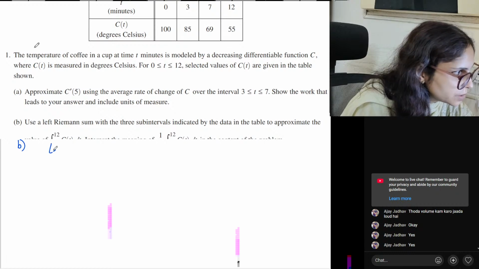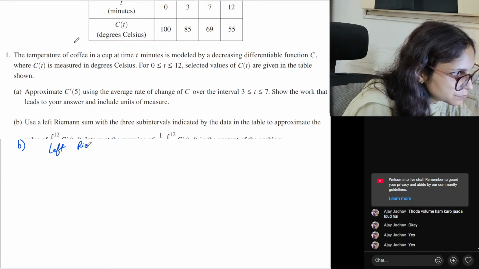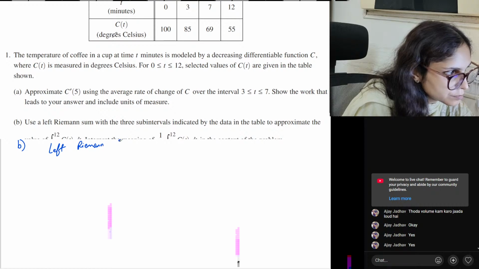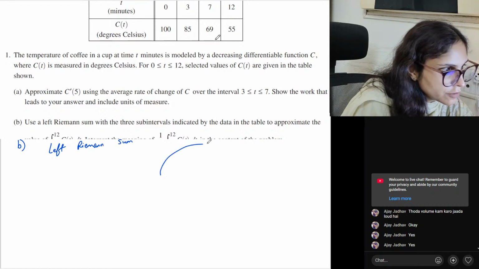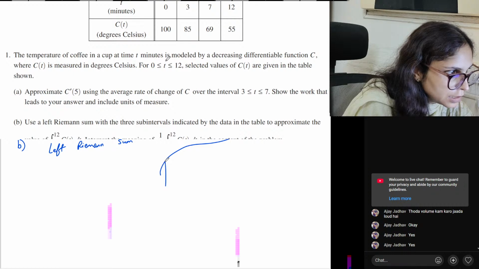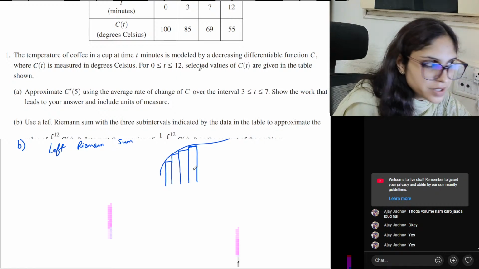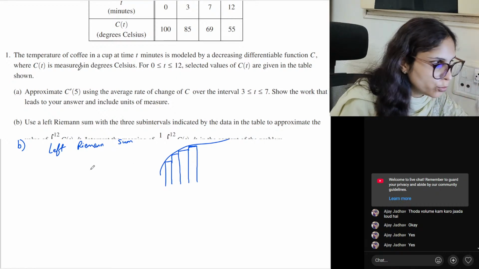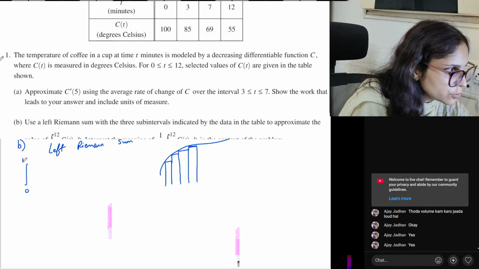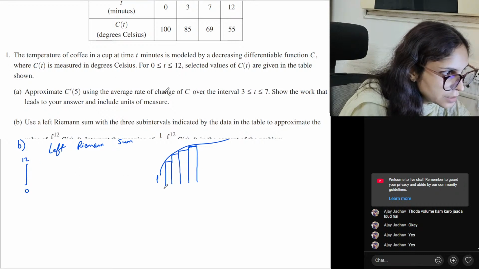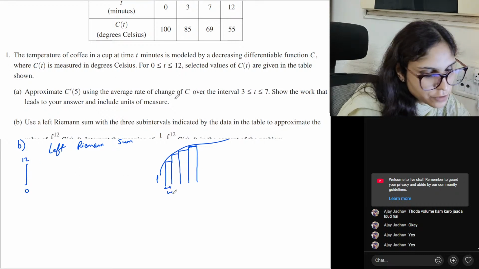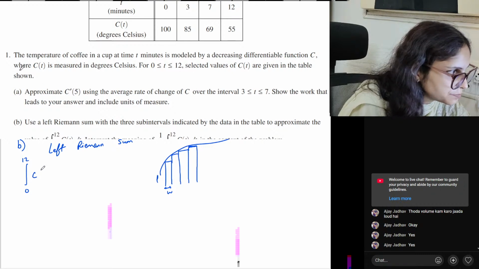If this is the curve, you take the left value and make your rectangles. This is a left Riemann sum. Over here, you're going from 0 to 12. This is your length and this is your width. So they are rectangles, and you're finding the areas of the rectangles and adding them together.